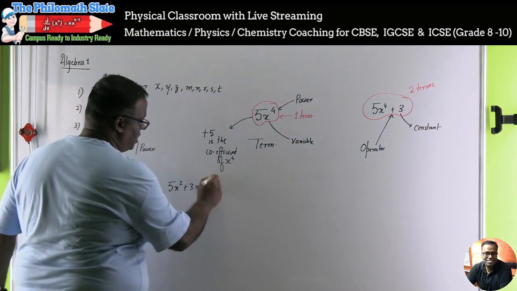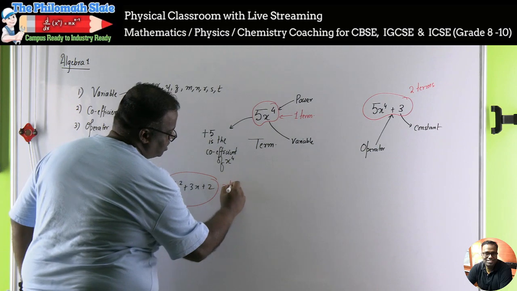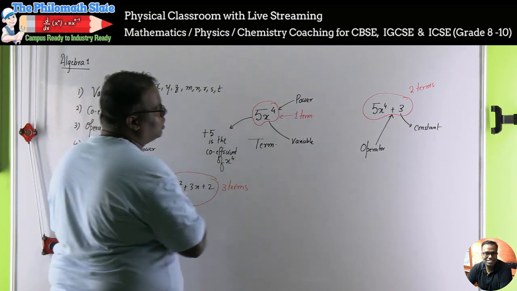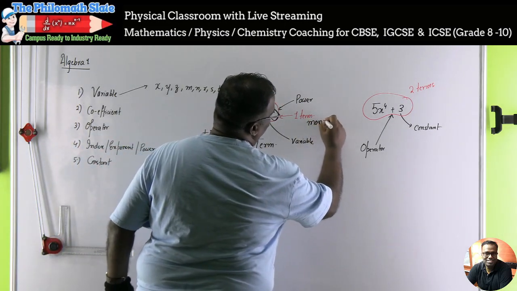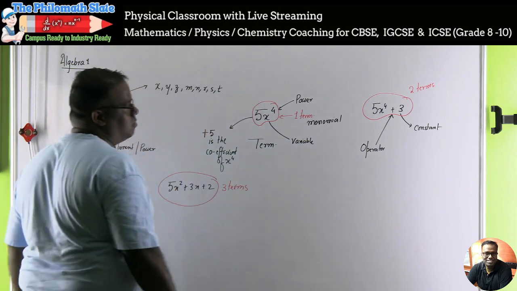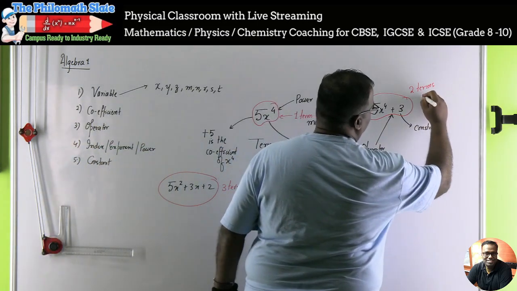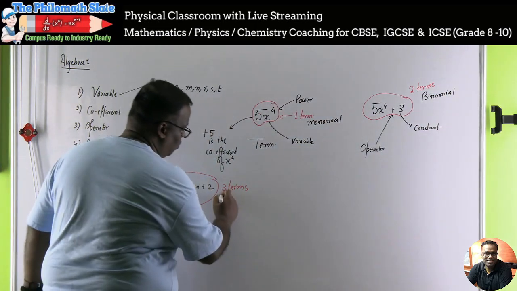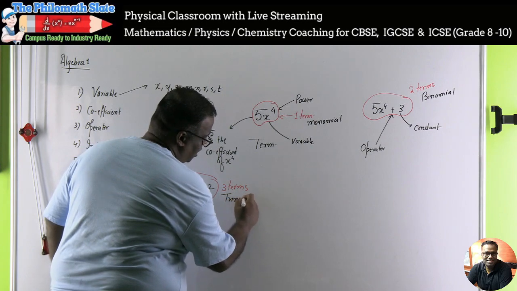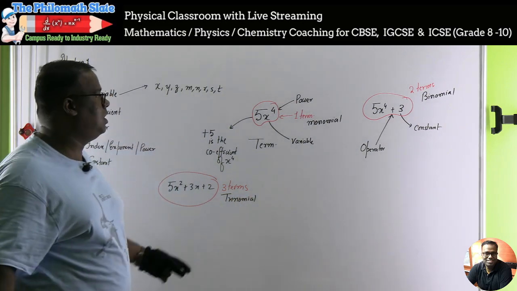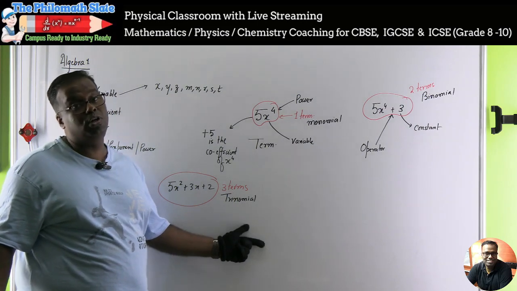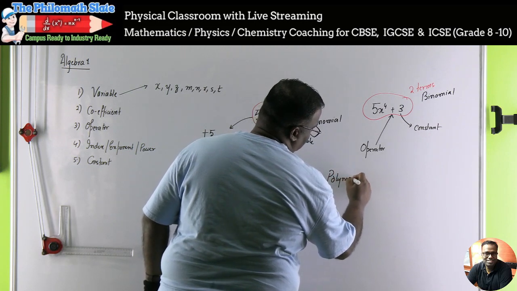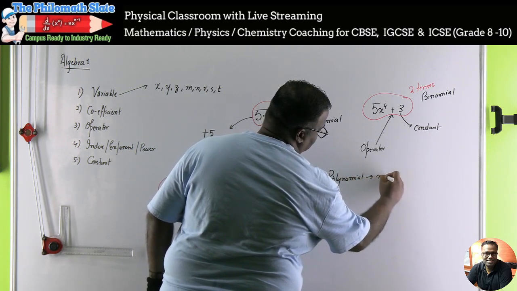This algebraic expression has 3 terms, right? So जो one term वाला होता है, we call them as monomial. Mono means one, mial means terms. जो 2 term में होता है इसको हम कहते हैं binomial. तीसरे में क्या बोलेंगे? Trinomial. If it is 4 we call quadrinomial, and then if it is many we call polynomial. Like ethene, many molecules, polythene, then we call polynomial. Polynomial means many terms.